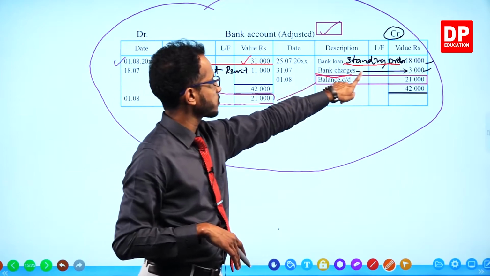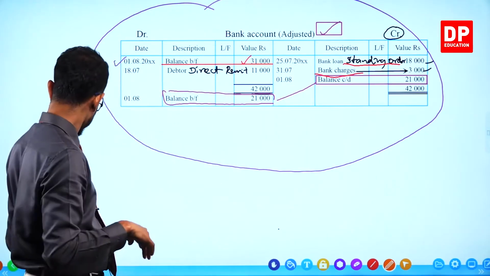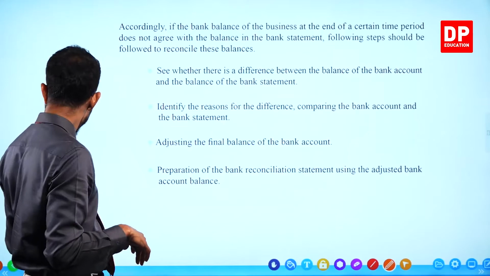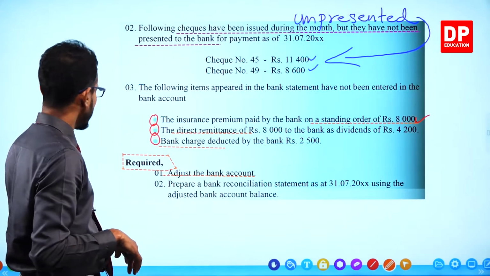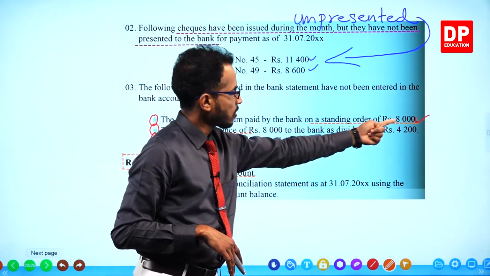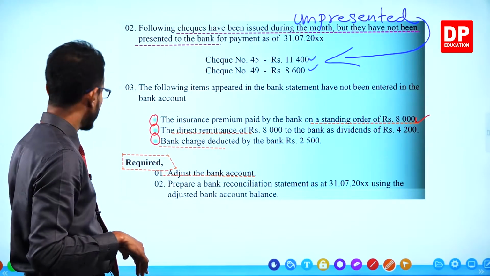And the next is bank charges. Okay. Let's enter this standing order of 8,000 in the credit side.